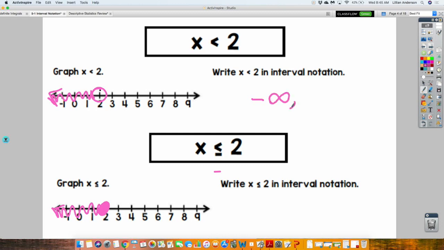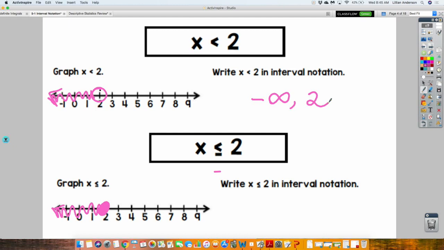Then the shading goes all the way to what number on the right? Positive infinity is all the way over here, but the shading doesn't go all the way. It goes all the way to 2. That is the hardest part of interval notation, recognizing what exactly your two numbers are.